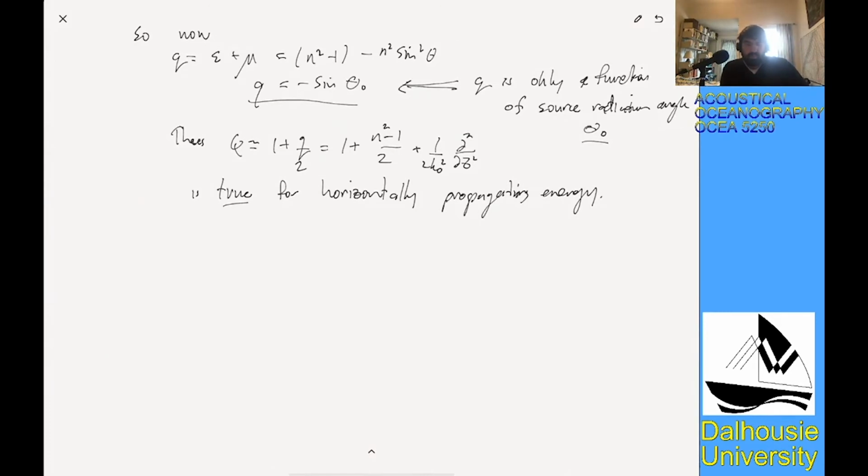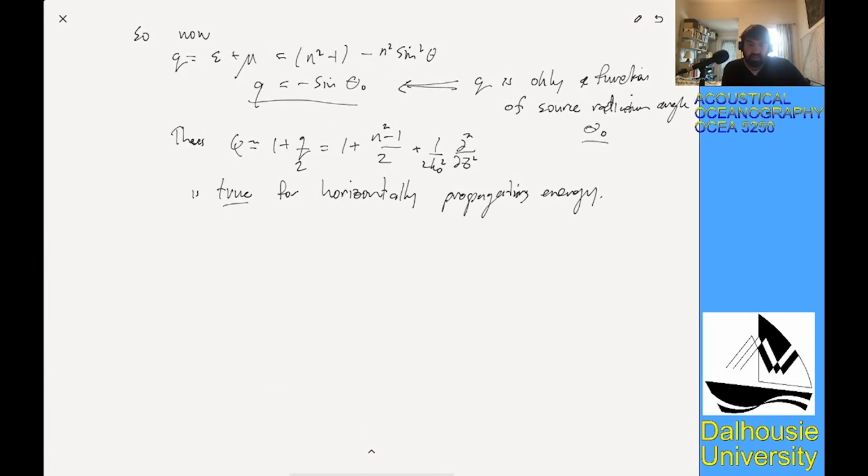So for long range problems, this approximation should suffice, okay? And that's indeed the first way that the PE parabolic equation code was implemented.